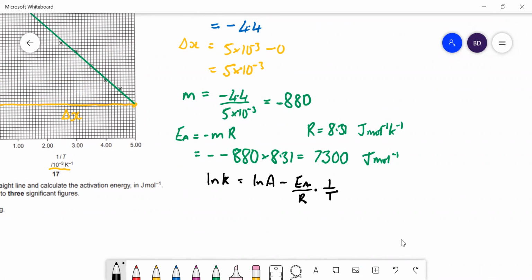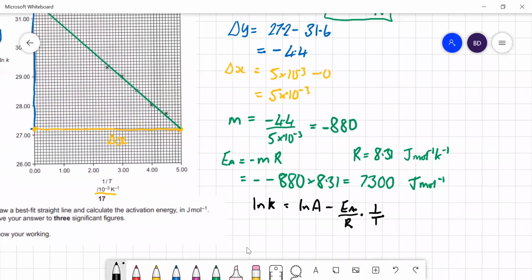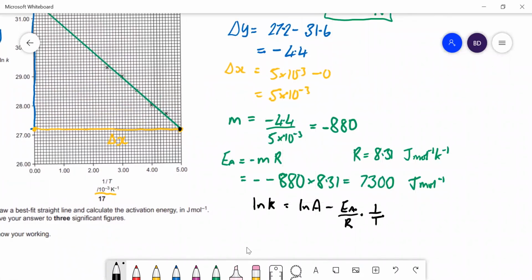What I'm going to do is take a point on that graph. I can take one of the experiment points. I'm going to take that point there on the line, and just substitute the numbers in. What's the value of ln K there? Well, ln K is 27.2. So that's 27.2. Ln A we don't know, we're trying to find out. Minus EA over R, we worked that out before, is minus 880.